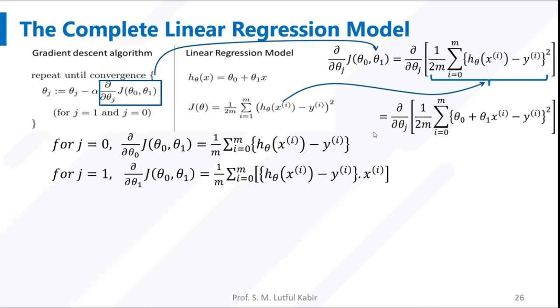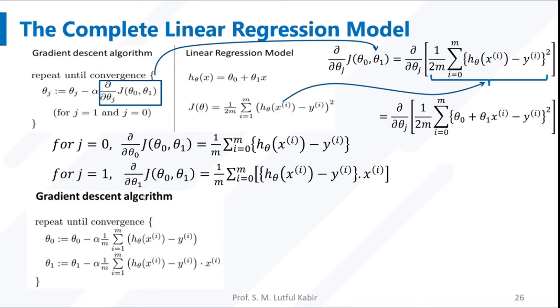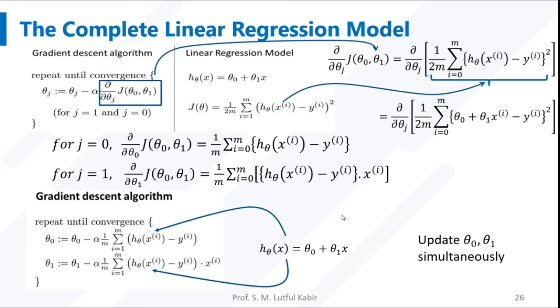So this is the equation for the derivative of J with respect to theta 0, and this is the equation for the derivative of J with respect to theta 1. This is our complete equation, and you have to put h of x, theta 0 plus theta 1 x, in the place of h theta x i, and you have to do the updating simultaneously. We talked about what is meant by simultaneous update and what is meant by non-simultaneous update.